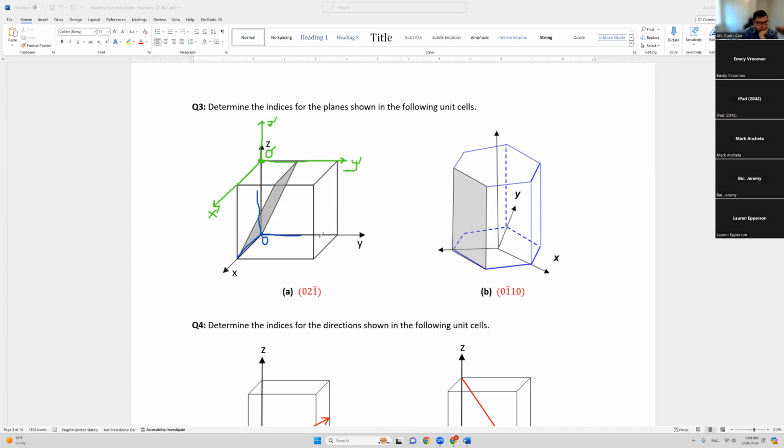Now you should be able to see that this is easy to index, right? I can see that the plane cuts the y-axis at 1/2 and z at -1.